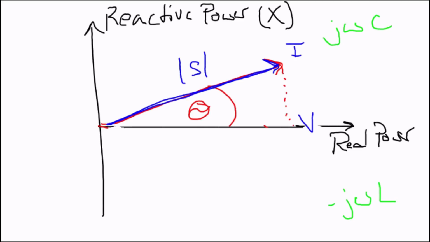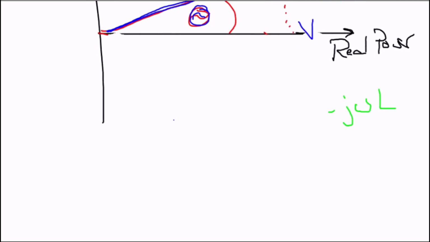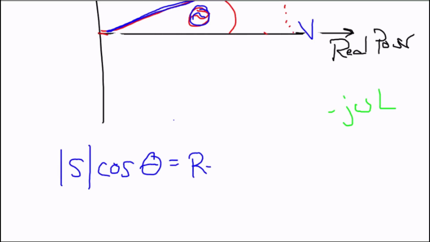That multiplied by the cosine of this phase angle here gives you your real power. And the power factor is simply that cosine theta. So I just said basically that the magnitude of that vector times cosine theta equals the real power.